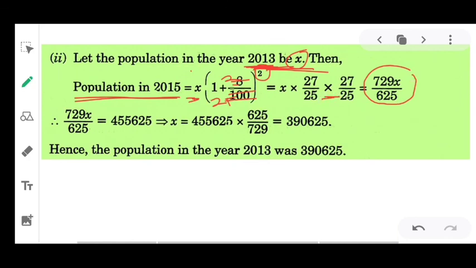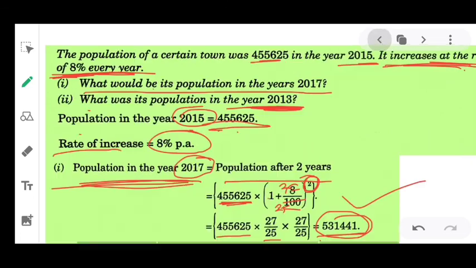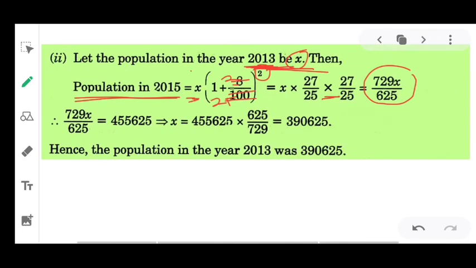That's the population in 2015. But the population in the year 2015 is given in the question, 4,55,625.